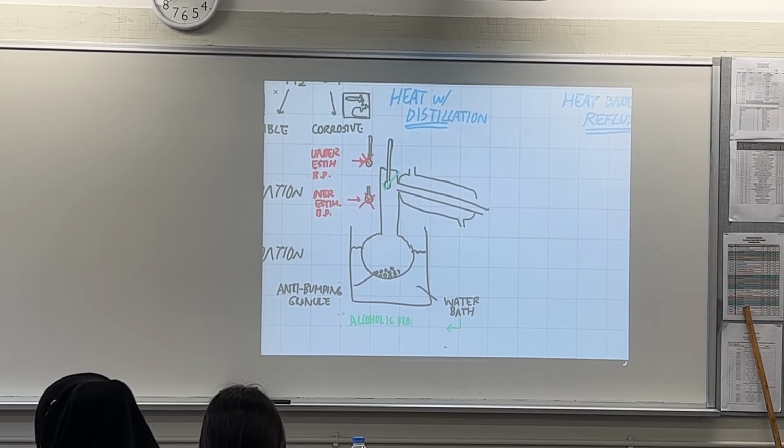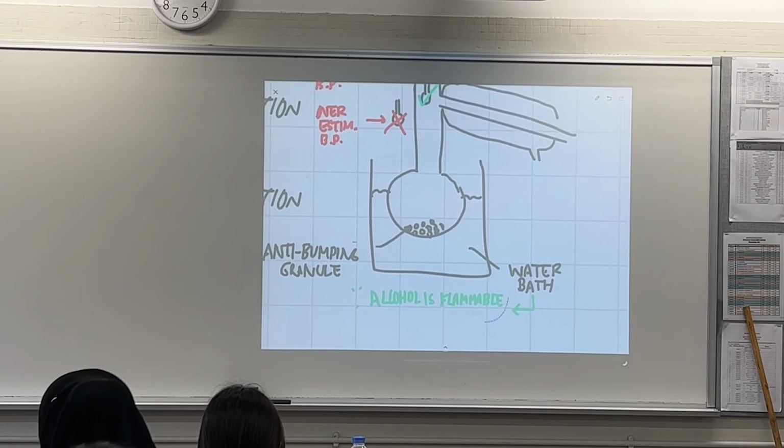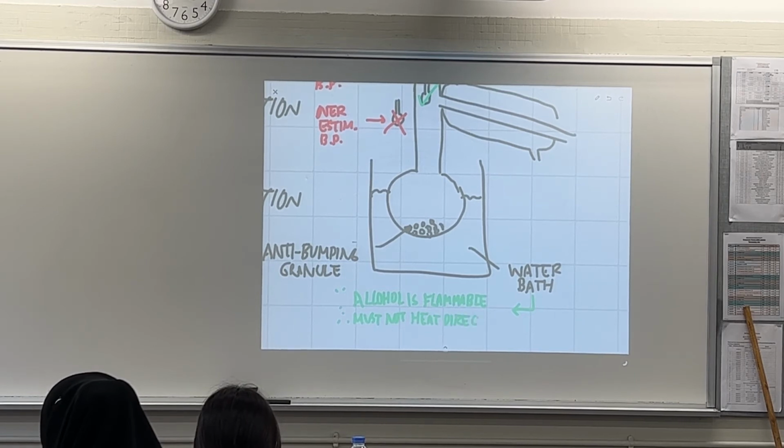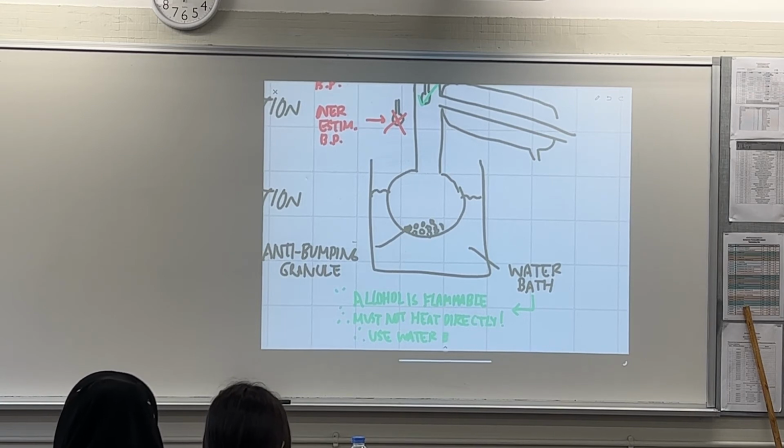If you heat something flammable directly with a naked flame, you are committing suicide. So alcohol is flammable, therefore we must not heat it directly. This is what the water bath is for. Use a water bath or an electric heater. Anything without a naked flame will do.